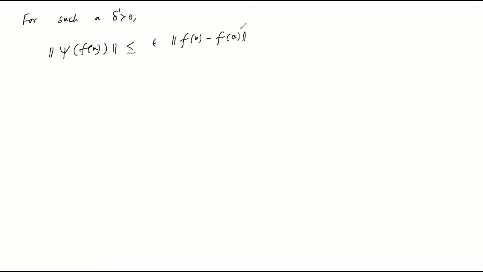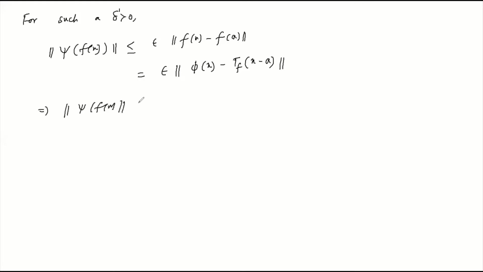So we can put less or equal to, and this is equal to epsilon times norm of, so what is f of x minus f of a? That is, by equation number 1, equal to phi of x plus tf acting on x minus a. So the norm of this implies the norm of psi of f of x.